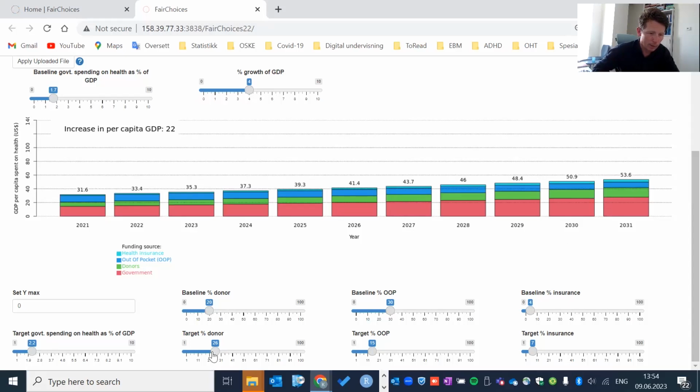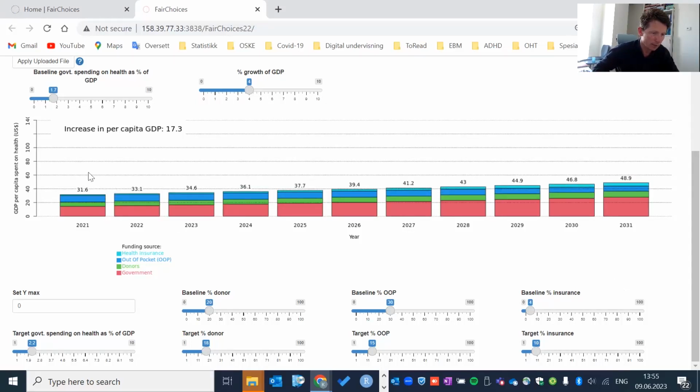Maybe we can assume you will get 2% less from donors over the next 10 years. Maybe you want to reduce out-of-pocket expenditure to 7%, and maybe you want to increase health insurance to 10%. And based on these inputs, you get the following fiscal space analysis.